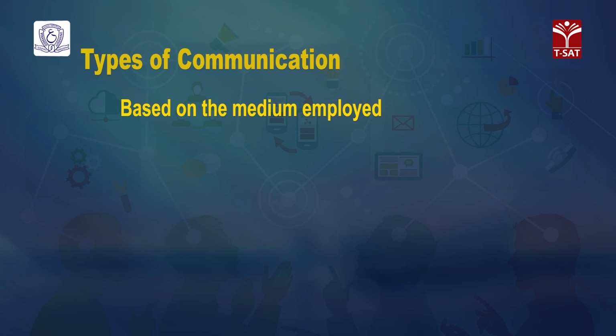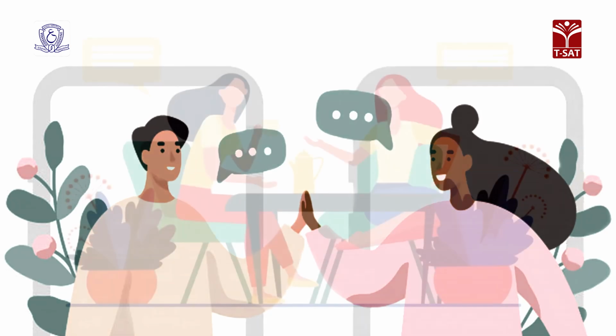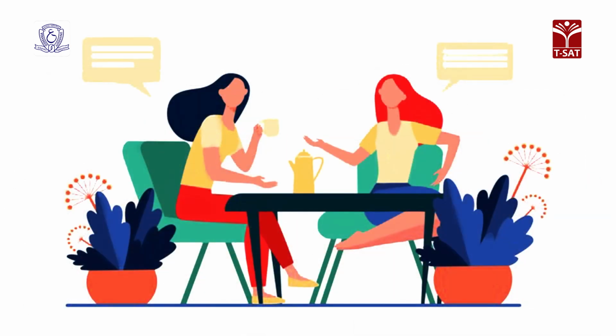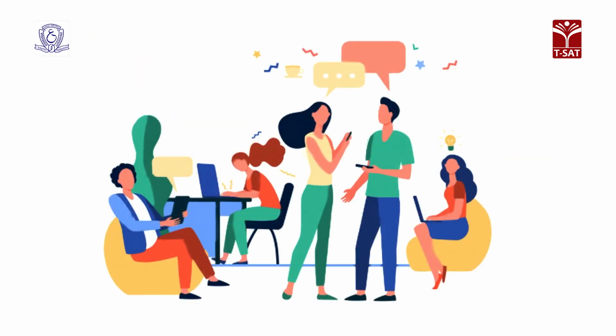First, based on the medium employed. The first and the most commonly used type of communication is verbal communication, which involves exchange of information through spoken words. A person using verbal communication chooses to convey information to others through verbal dialogue, speech, discussion, or presentation.